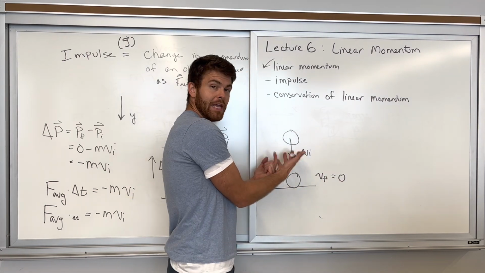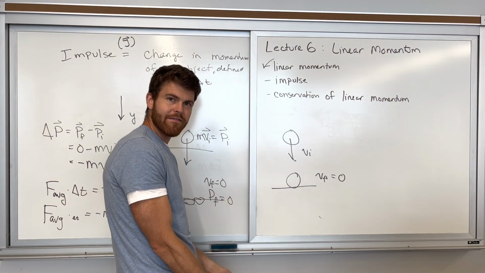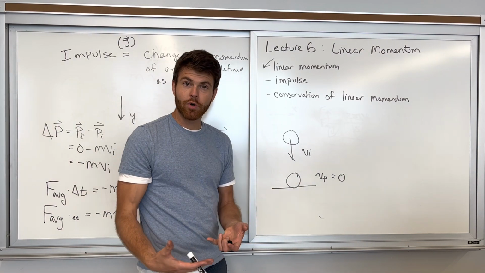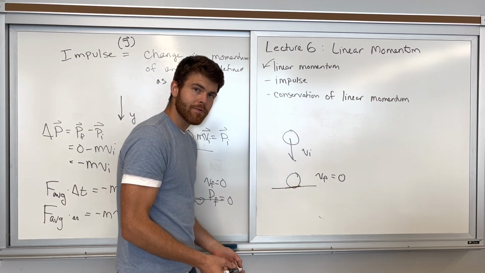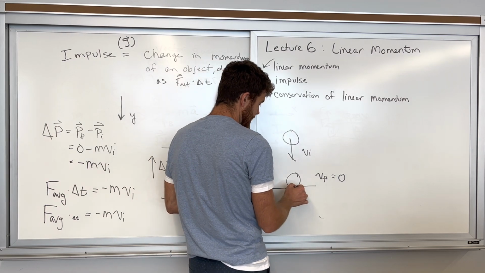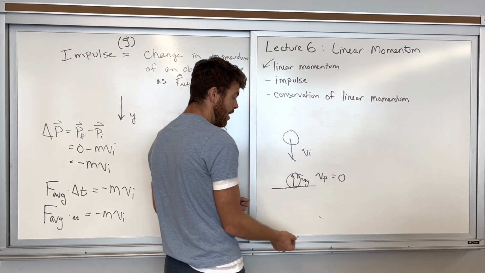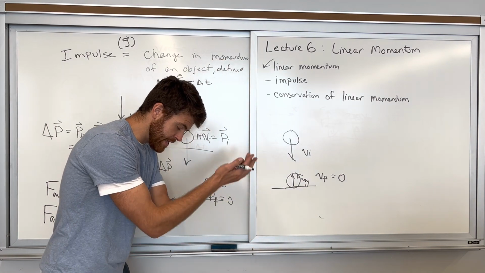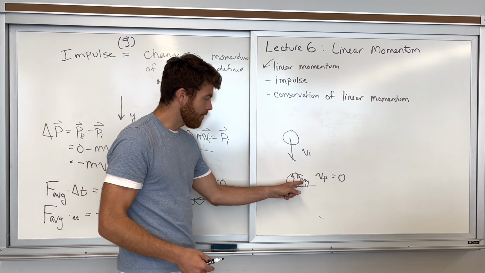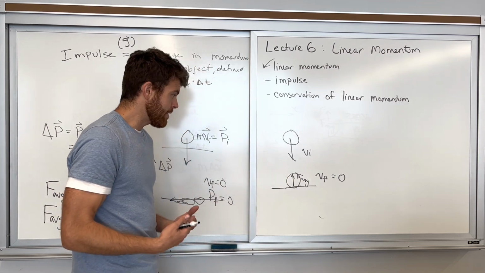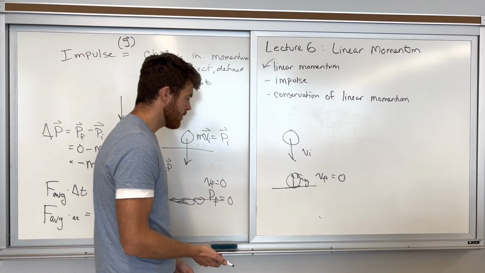Well, what if the surface that it's coming in contact with can give, like a sheet or a pillow? That means the egg comes in contact with the surface, and the surface can then exert a force upward that's much smaller because it's slowing the egg down over a longer period of time. So the force required to generate the impulse is smaller because it acts on the egg over a larger period of time.